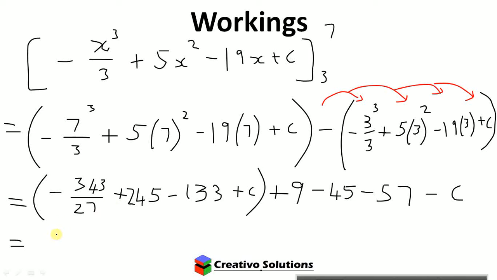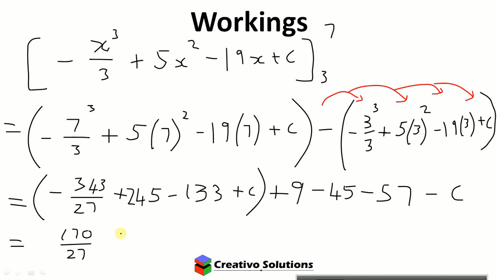Gives you what? 170 over 27. Positive or negative? Positive. Okay, so then that's fine. Right, and that's the final answer.